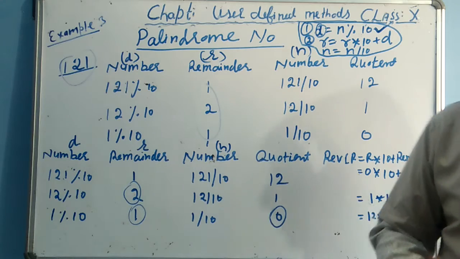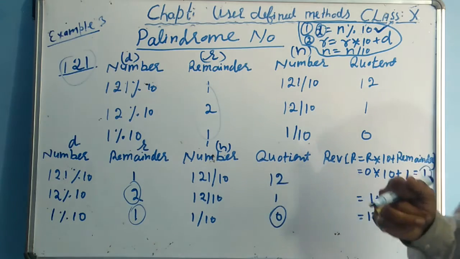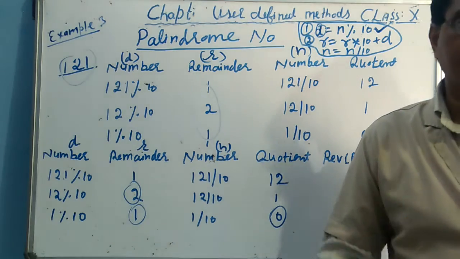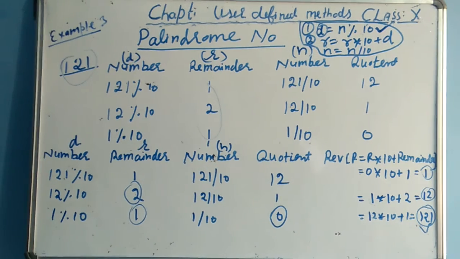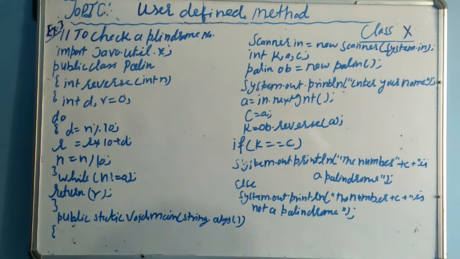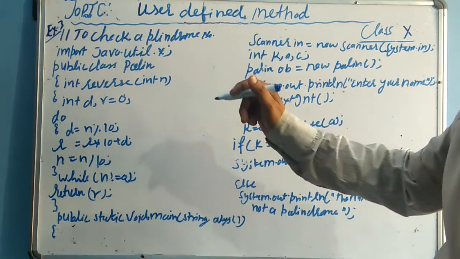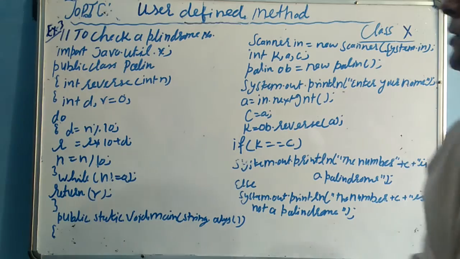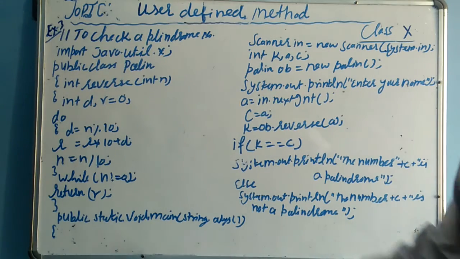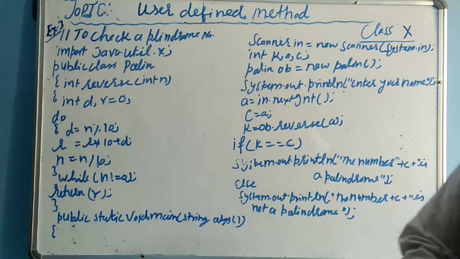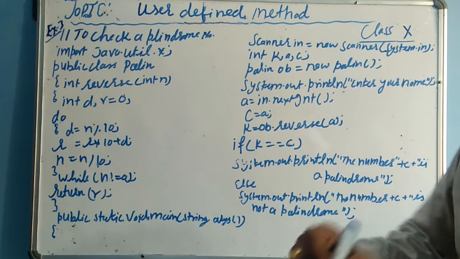So this type of logic we have to follow inside the program. Understand all of you? Now we will start our program. First of all we will write the comments to check the palindrome numbers. You can see this program in your book, example program number 3.